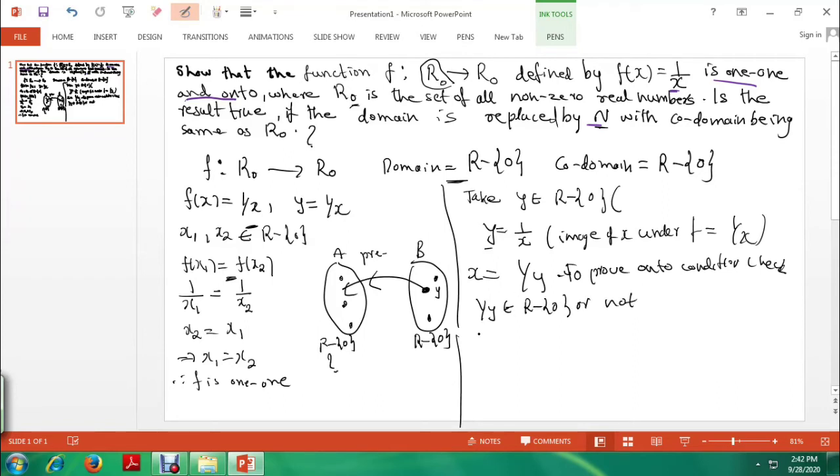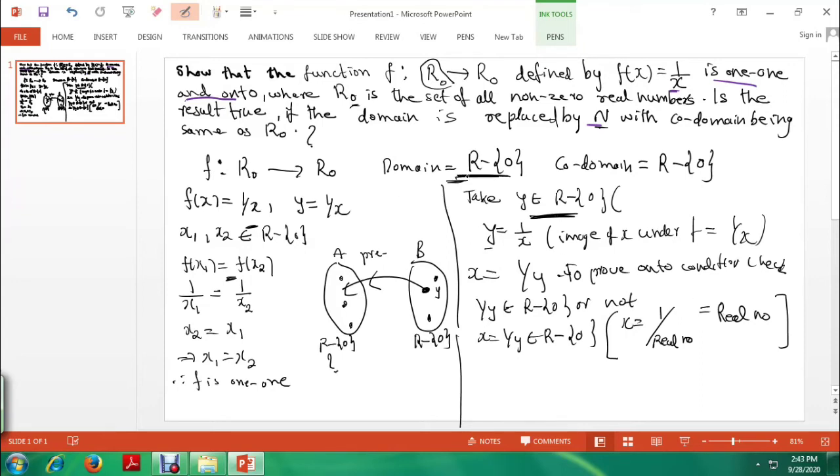Here you can say that x equal to 1 by y belongs to R minus 0. Why reason? Because see, x equal to 1 by, what is y? Y is taken from the real number system. So you will get 1 by real numbers. What is 1 by real number? It's again equal to a real number, right? That time what you will get? X is a real number. That is our domain itself, right?